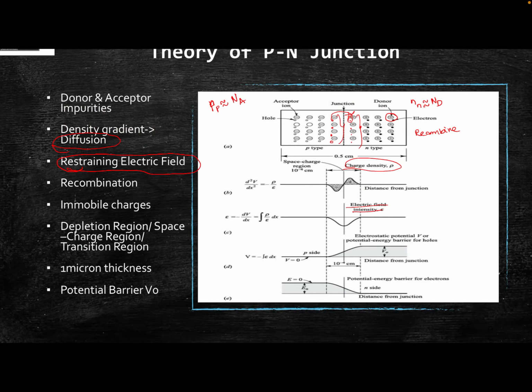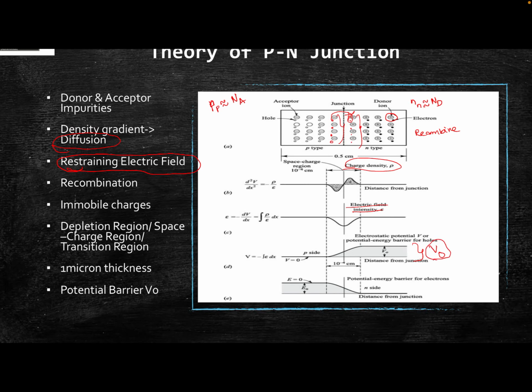So an equilibrium will be obtained, such that a potential barrier of height, let us say V0, is formed. We signify it as V0 because this junction is open circuited; we are not connecting any external supply.